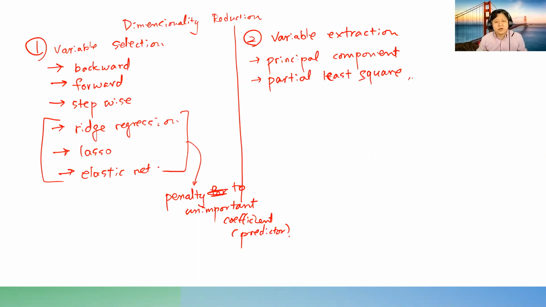Partial least square is pretty similar to principal component analysis, but the difference is that partial least square develops another model based on the residual errors. So it incorporates some residual errors. Okay, this is a more advanced method, but we will not talk about the details in this class.